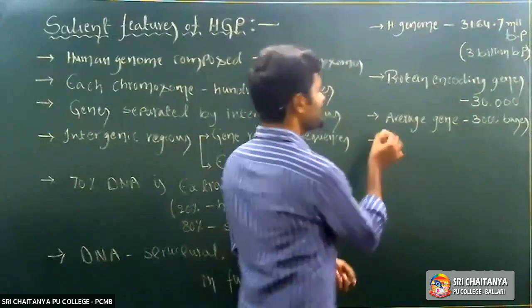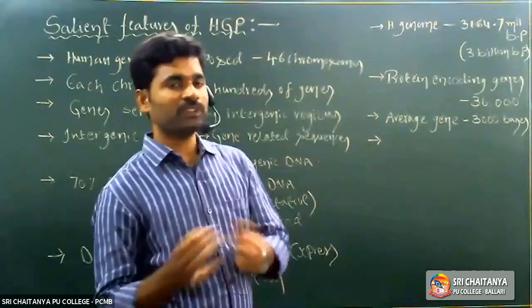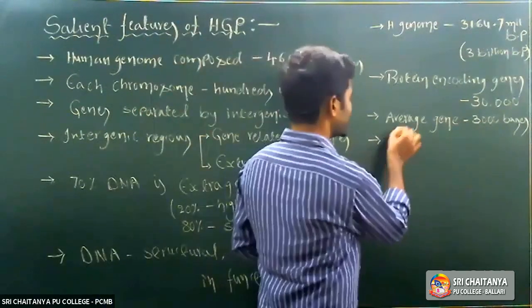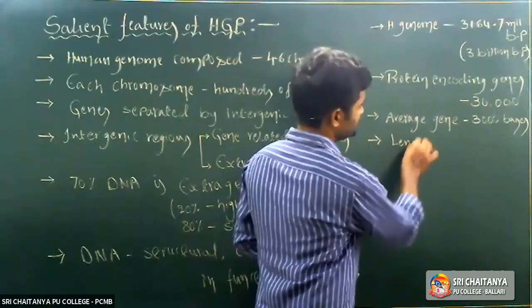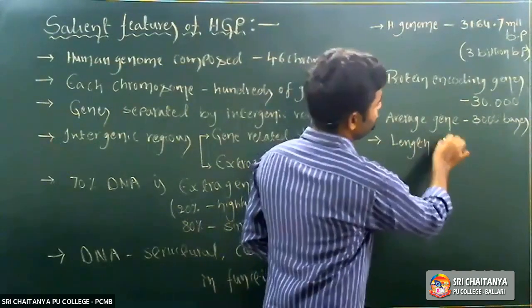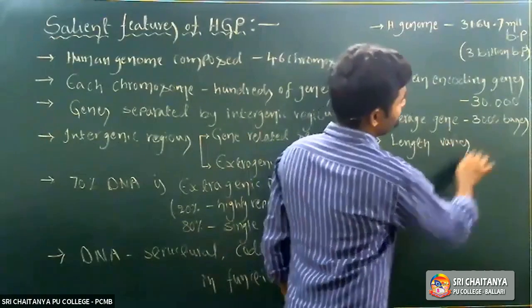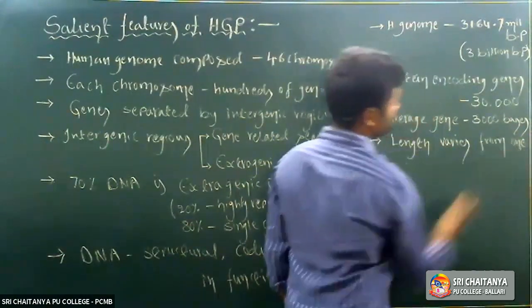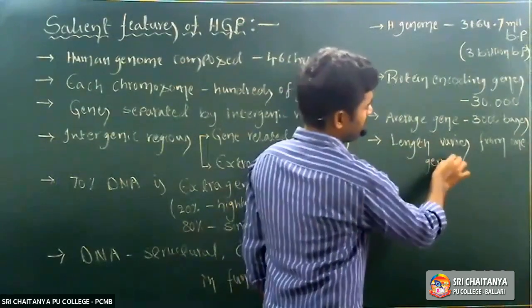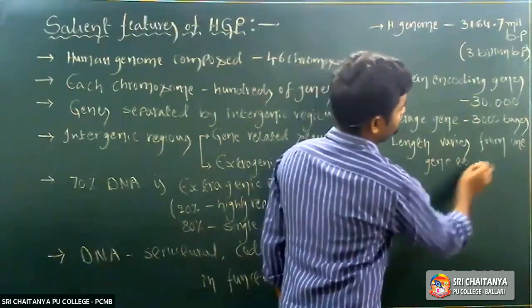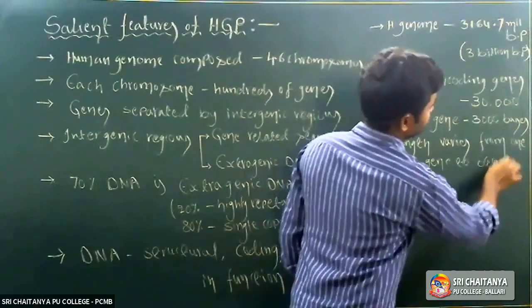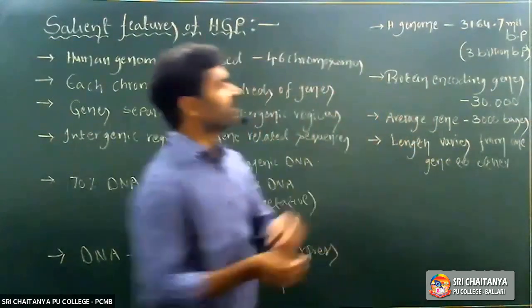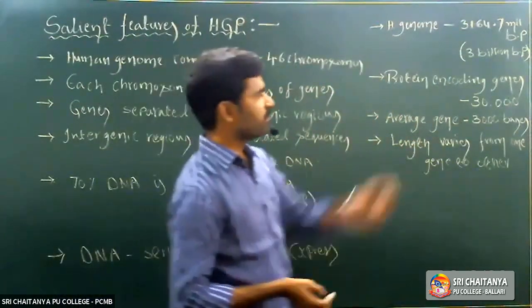The gene's length also varies from one gene to another gene. So the human genome contains 3 billion base pairs.